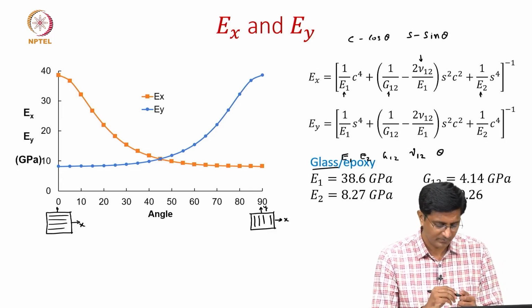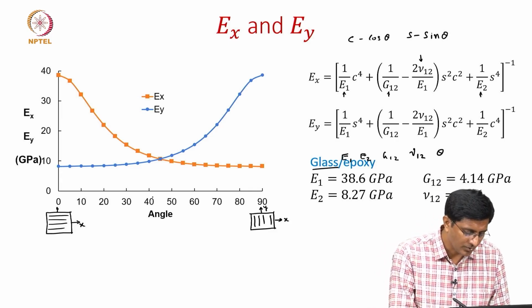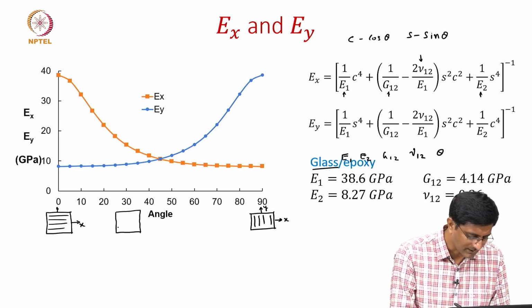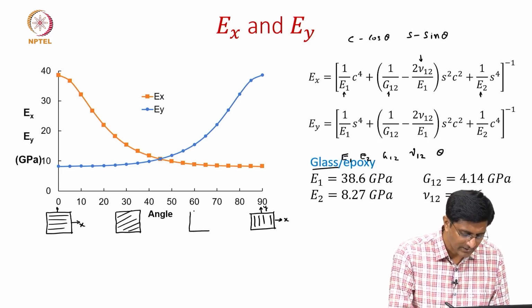And similarly, of course, all the other angles are intermediate, like 30 being 30 with the x axis and 60 with the x axis is something like this.